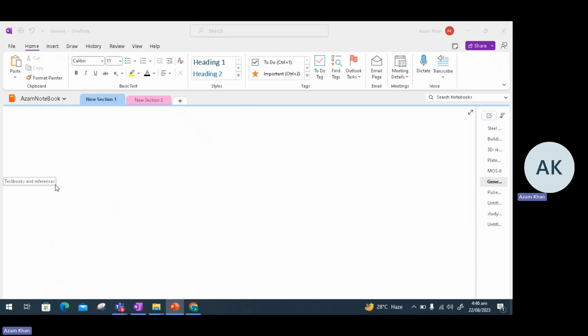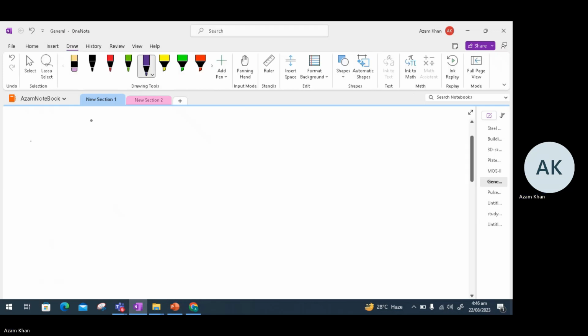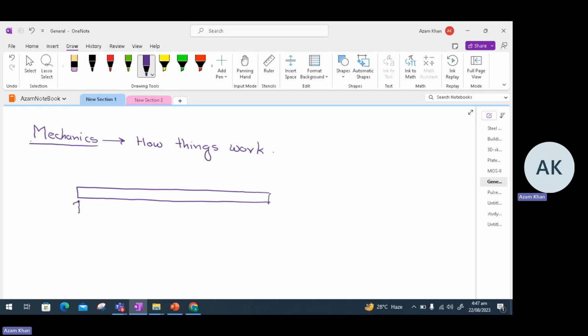Mechanics is actually the study of how things work. So let me write first of all, mechanics. Mechanics tells us how things work. So imagine we have a beam which is supported at two points and we apply some loading onto it.